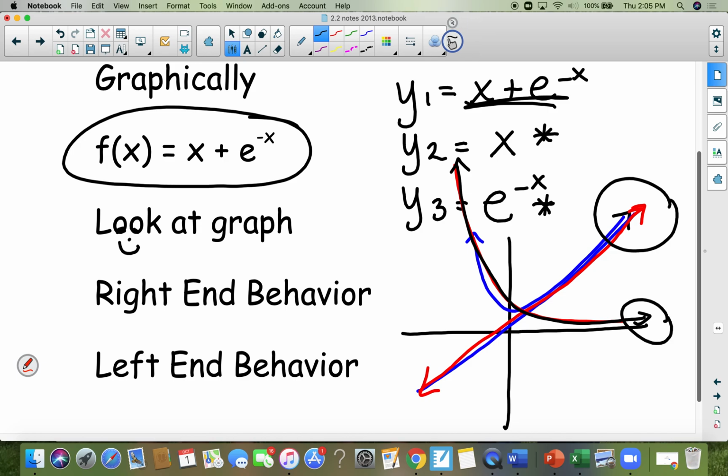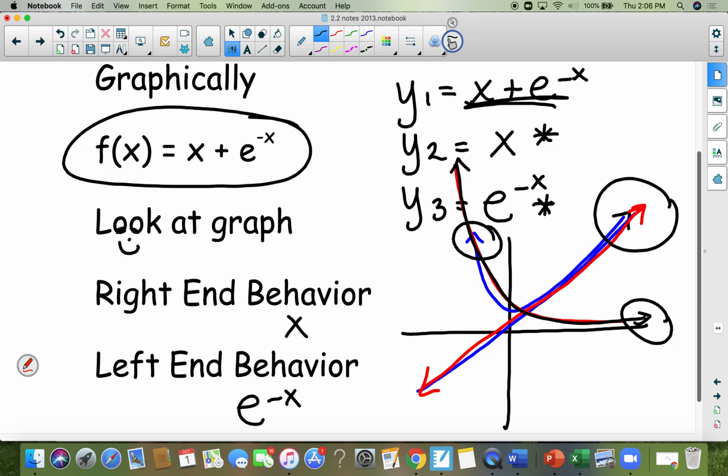So its right end behavior is x. The left end behavior, the blue one and the black one, y3, are very similar to each other, so the left end looks like e to the negative x.